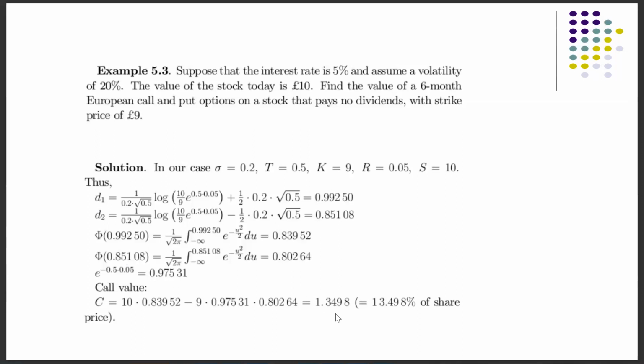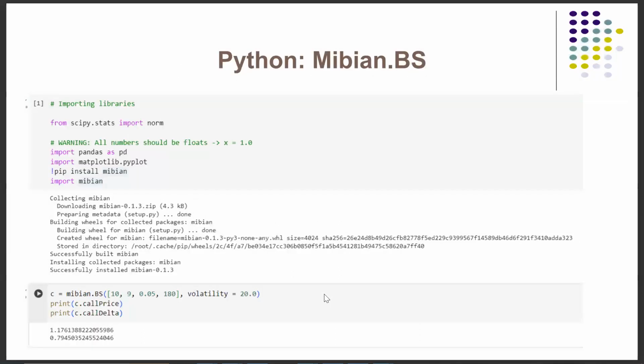So it is like a fair price for the premium, and we can find this in Python using GBM and B-S. It's very simple.